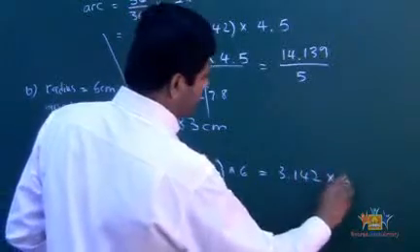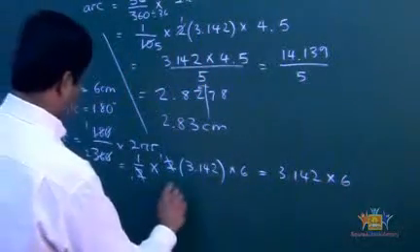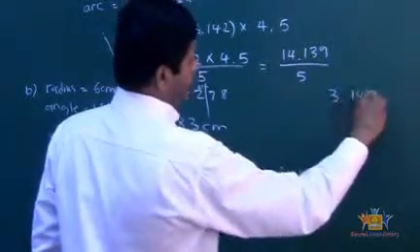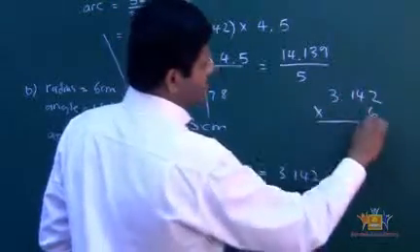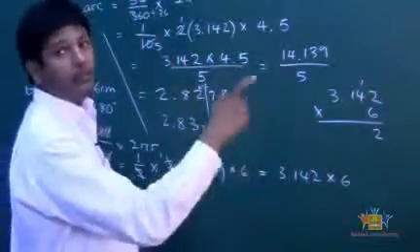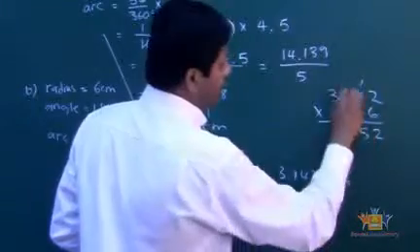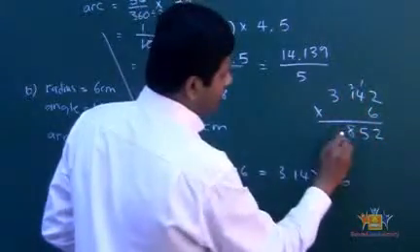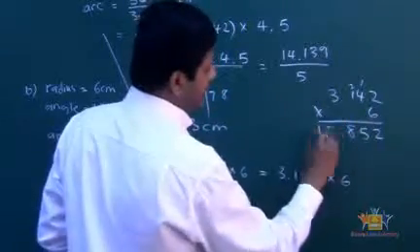3.142 times 6. Okay, so for the arc, we take 3.142 times 6, line it up. 6 times 2 is 12, 2 carry 1, 6 times 4 is 24, plus 1 is 25. So 5, carry the 2, 6 times 1 is 6, plus 2 is 8. See the decimal, bring it down. 6 times 3 is 18.